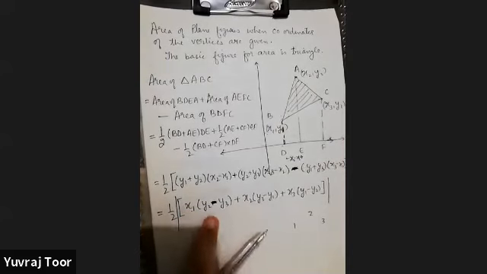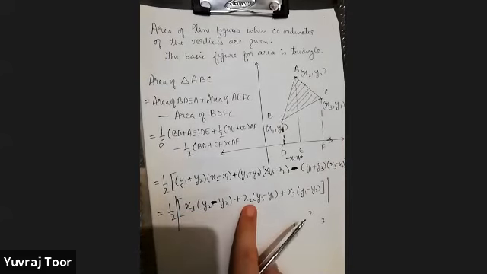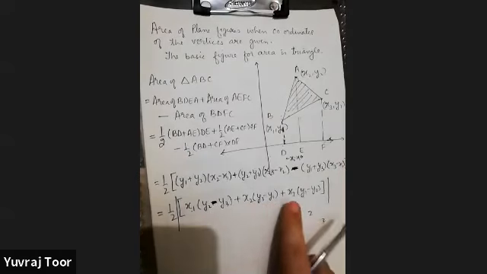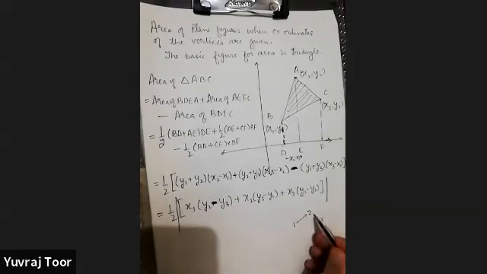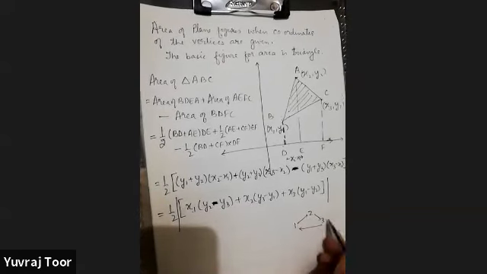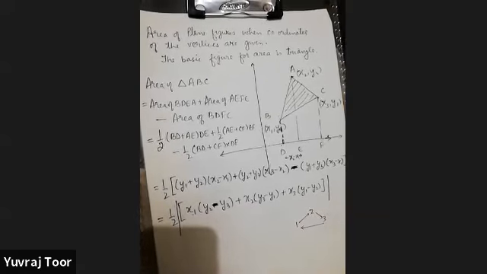So abscissa into difference of the ordinates, plus abscissa into difference of the ordinates, plus abscissa into difference of the ordinates, that you should keep in mind. And it goes in a sequence: 1, 2, 3; 2, 3, 1; 3, 1, 2. So this is a sequence, you can see that. So this is how you have to remember this formula.